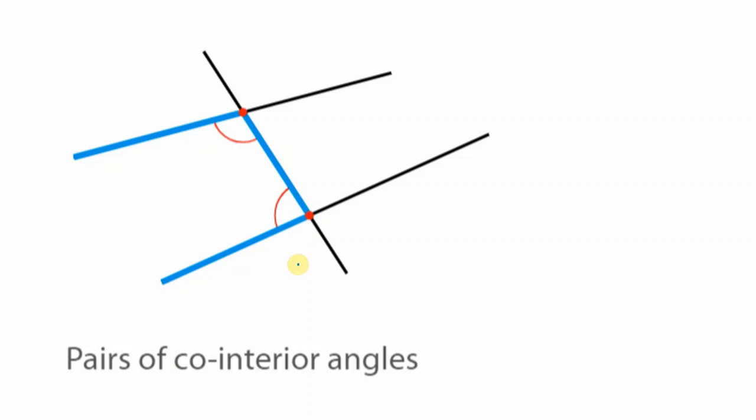Next, we focus on what we call the co-interior angles. Again, the English perfectly explains to you what the maths is all about. So let's first think of co. Have you ever heard of co-pilots? So you think of the plane, you have co-pilots, you have more than one pilot, you have two pilots.